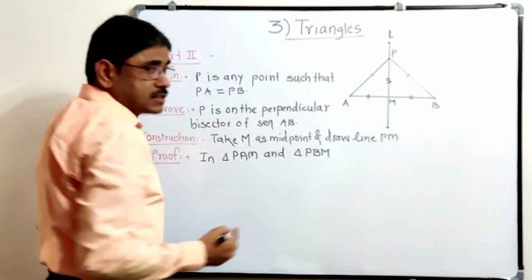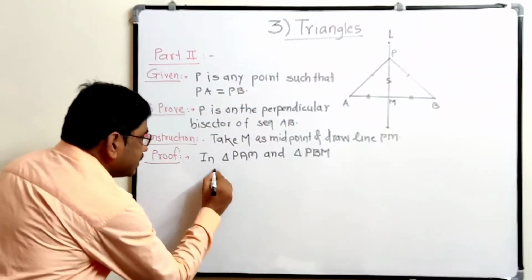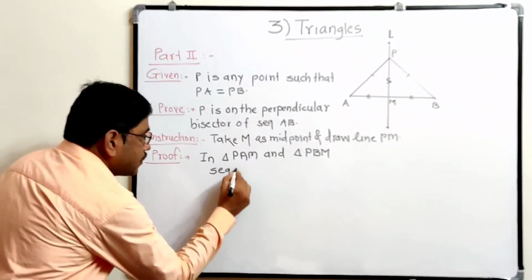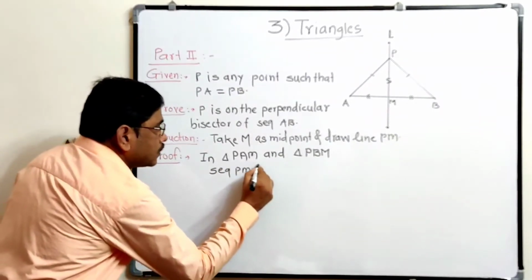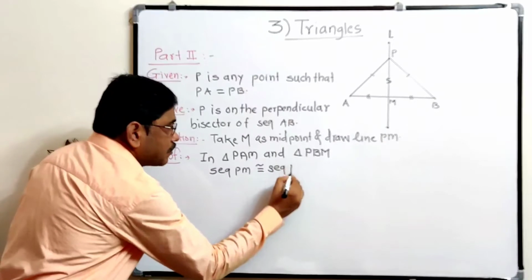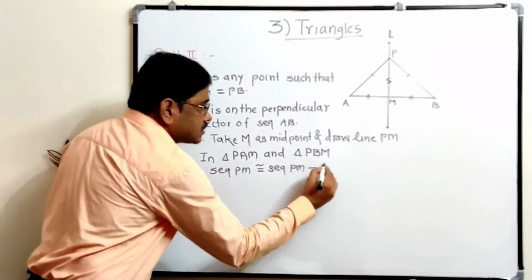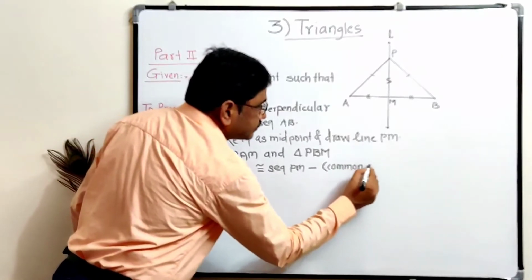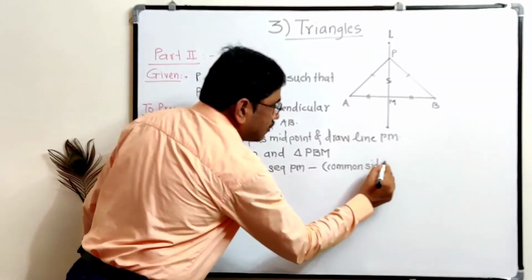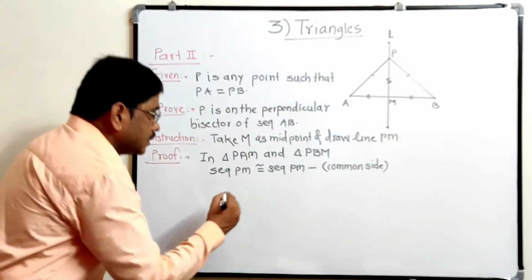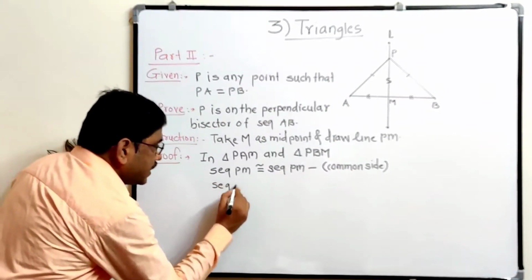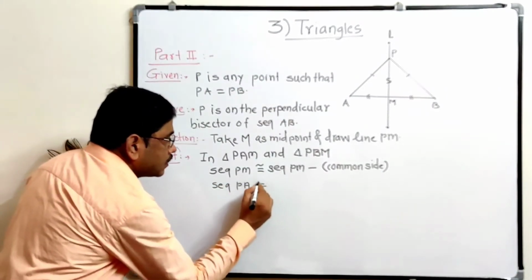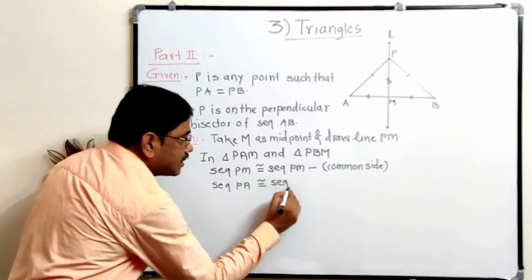So by which test are these triangles congruent? Here we get segment PM congruent to segment PM. The reason is common side. Then segment PA congruent to segment PB.